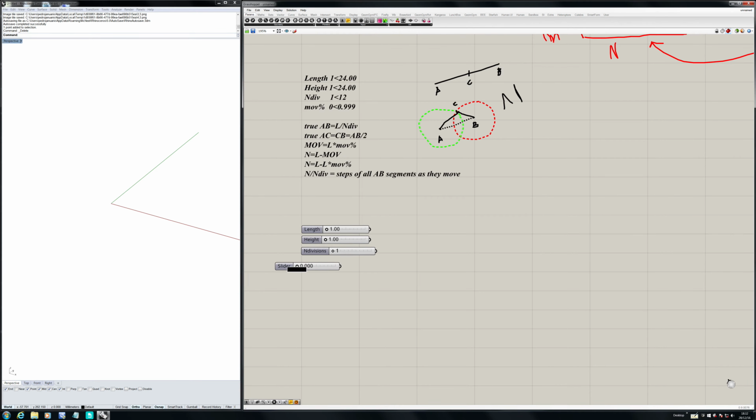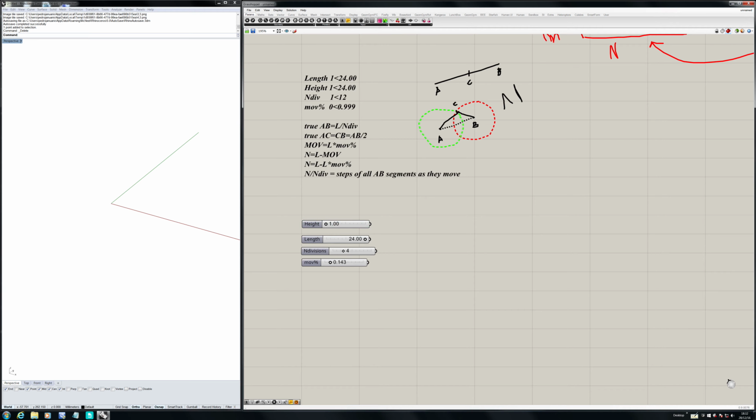Okay, this is going to be my move percentage. Move percentage. Okay, perfect. I'm going to change this. Divisions. I'm going to put like 4, length 24, and the height is going to be the last thing I'm going to apply. So I will replace them.